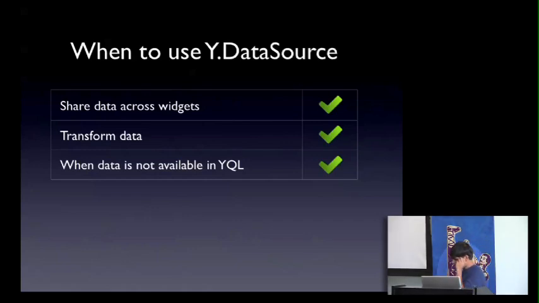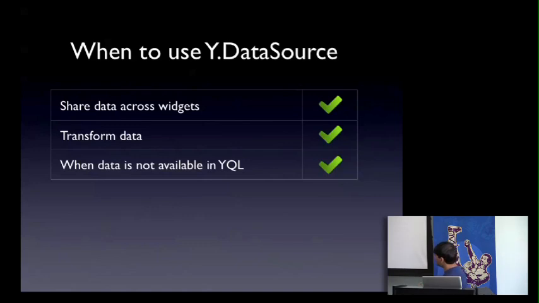If you want to transform data, we're going to look at some of data source's event system. You can hook into these events and do your own custom logic to manipulate that data before it comes back to you, and then send it off somewhere. And finally, if your data is not available in YQL, we're going to look at two examples in this talk: an example using YQL and one using Facebook's API directly.